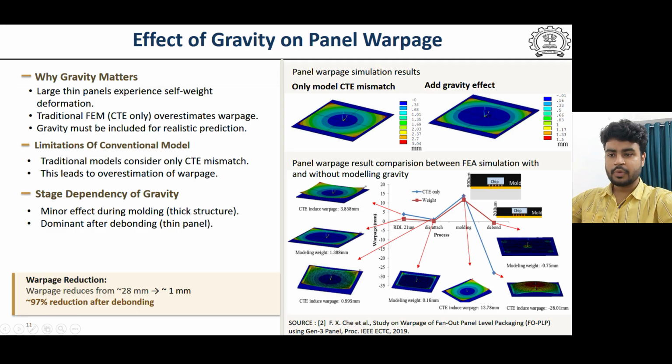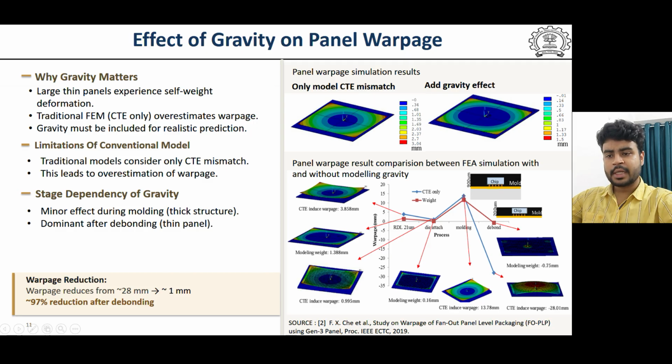The most important takeaway from this slide is that warpage has been reduced from 28 mm to about 1 mm, which is nearly a 97% reduction after debonding. This happens because two effects are counteracting each other: the thermal mismatch causes the panel to bend in one direction, and gravity causes it to sag in the opposite direction.